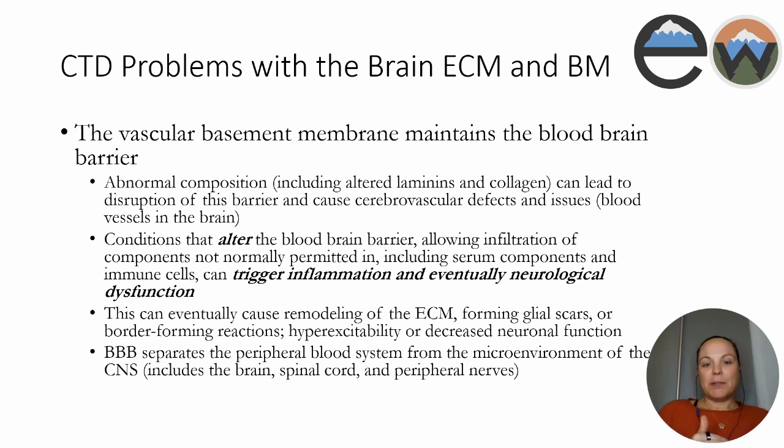However, abnormal composition, so the collagen problems, also laminins, can disrupt the barrier. If you have a less efficient barrier system and things are constantly knocking on the door, eventually there could be cracks in the system, there could be leaky junctions, and things are getting through. That can cause cerebrovascular issues and then issues with vessels in the brain.